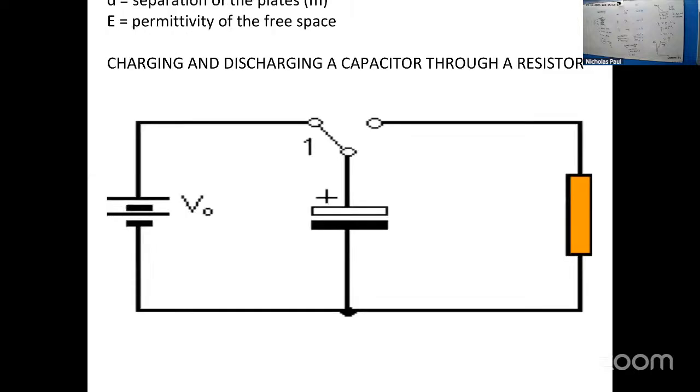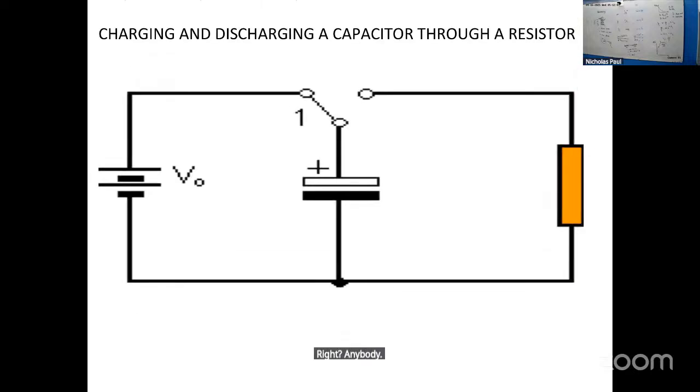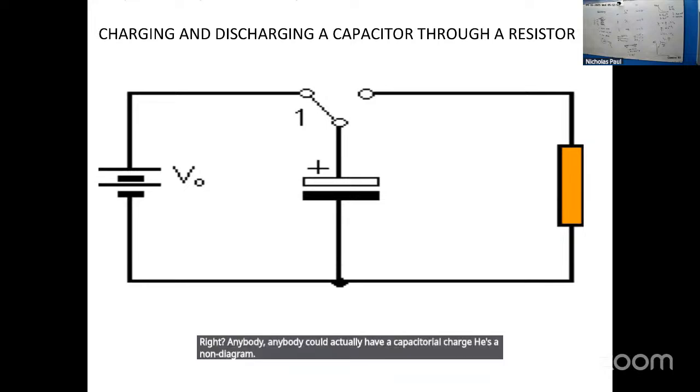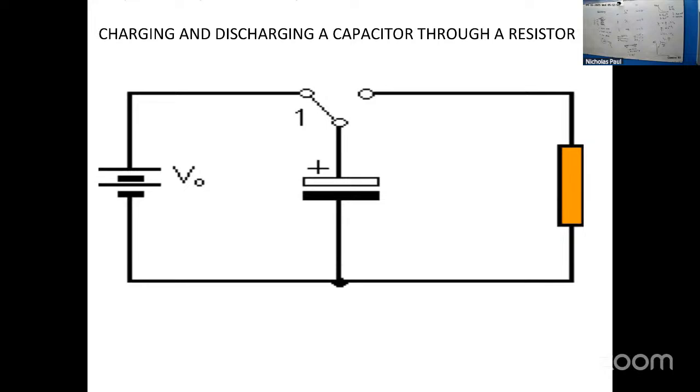Anybody could explain how a capacitor charges, using that diagram?